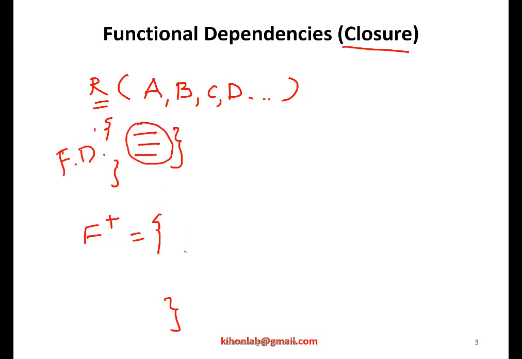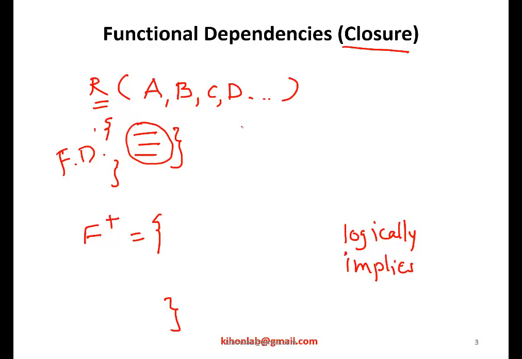Those could be added in this closure. That means the original functional dependencies associated with the relation R, plus those that are logically implied.